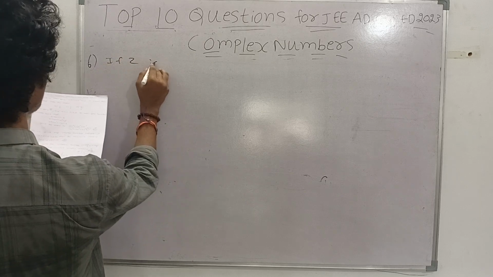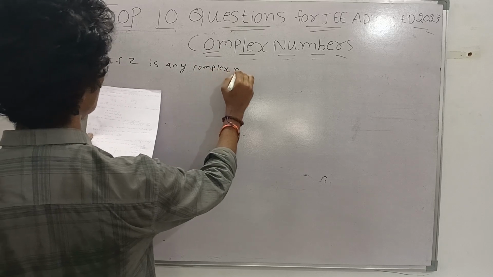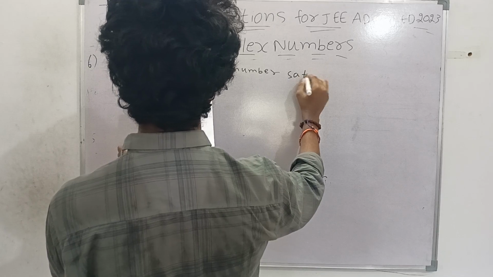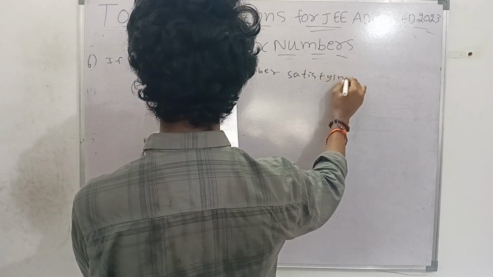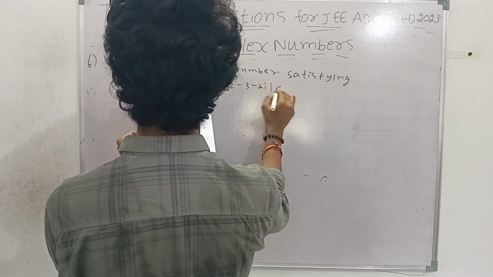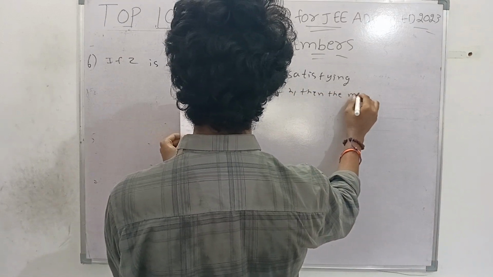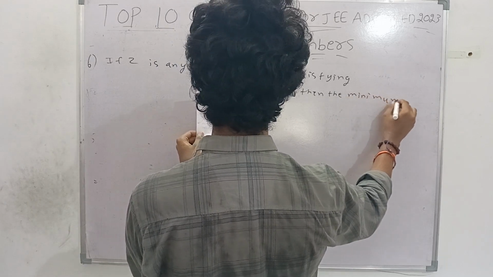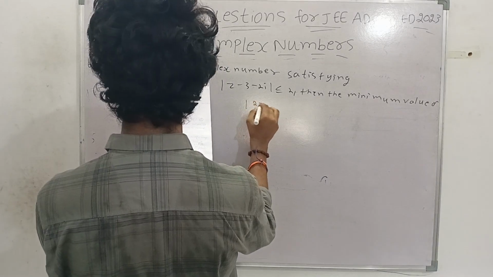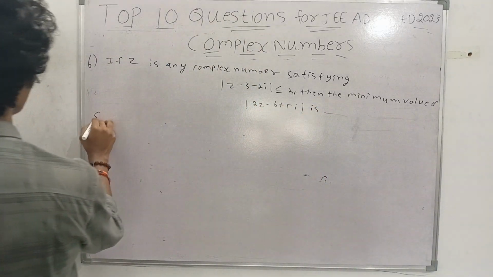If z is any complex number satisfying mod z minus 3 minus 2i less than or equal to 2, then the minimum value of mod 2z minus 6 plus 5i is what?